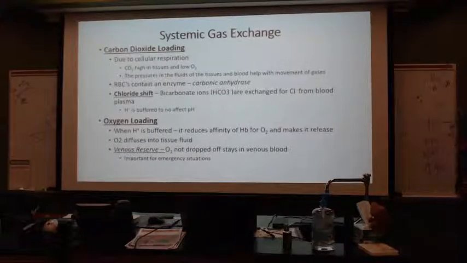This is why CO2 is more soluble based on Henry's law, whereas oxygen isn't. Why? Oxygen is only transported on the hemoglobin. Carbon dioxide, I can transport in 3 ways to get rid of it.